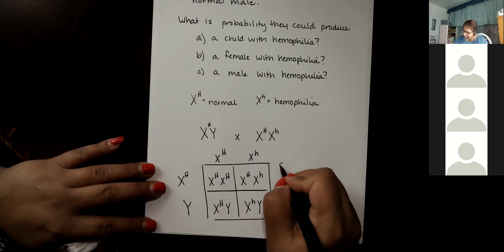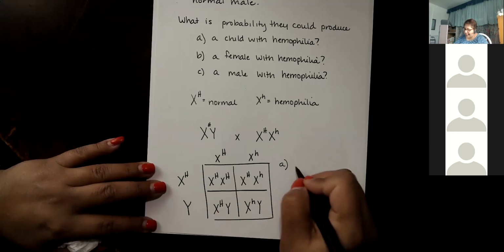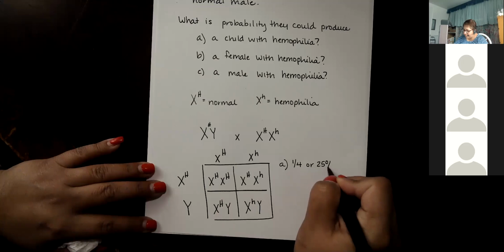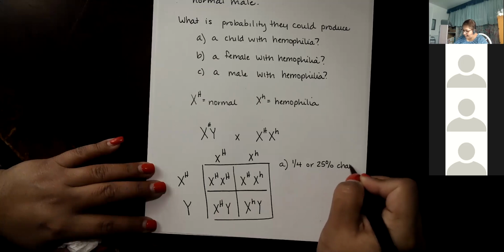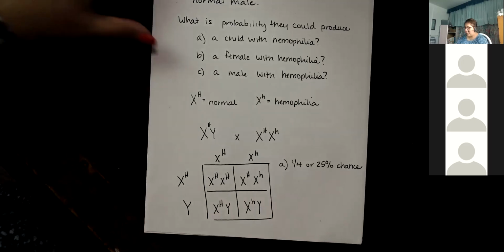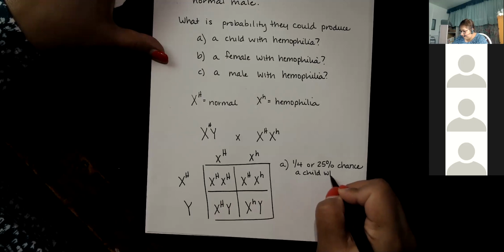So the question says a child, it doesn't matter if they're boy or girl. And the answer is yes, there's a 1/4 or a 25% chance that they'll have a child with hemophilia.